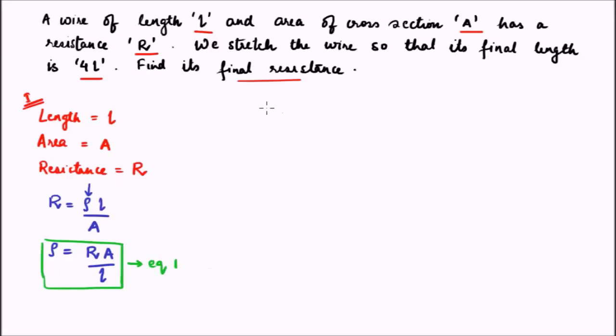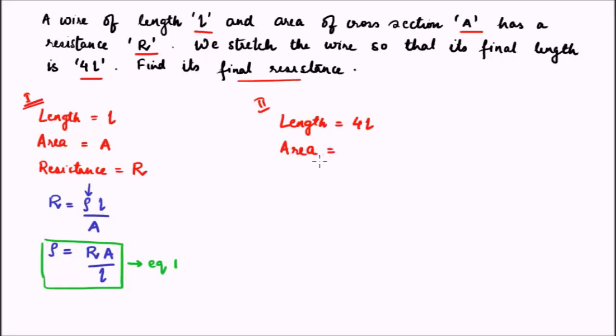Now the second condition says that the length has been increased to 4 times L, so my final length becomes 4L. The question does not say anything about the final area.